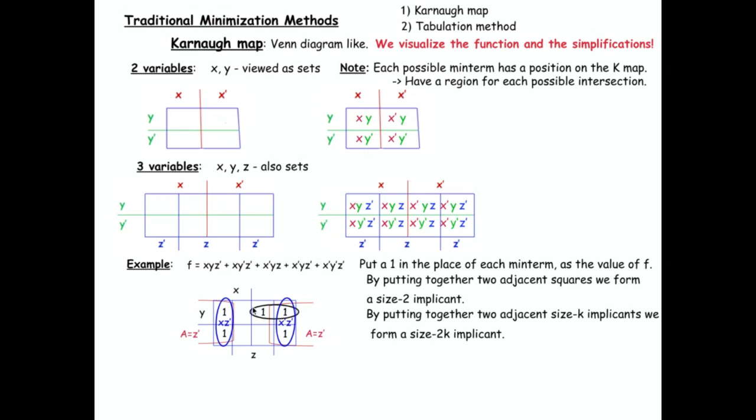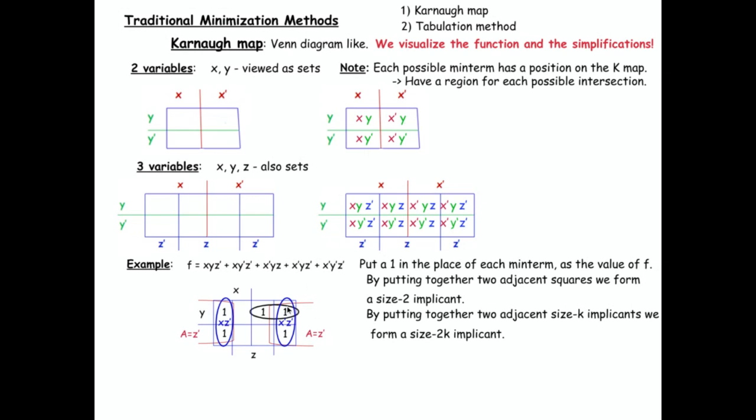The only one that it's touching here is the one to its left. So I'm going to put a black ellipse around those two. Again, I connected two. As you see, we can use the same one inside multiple implicants. That's allowed.